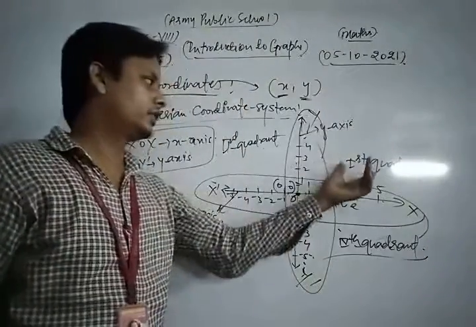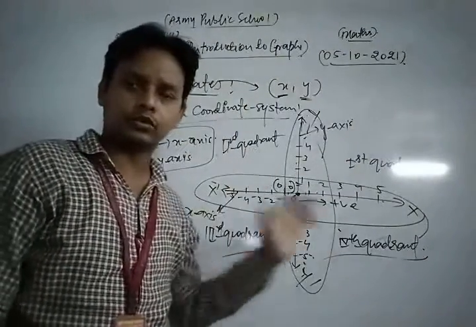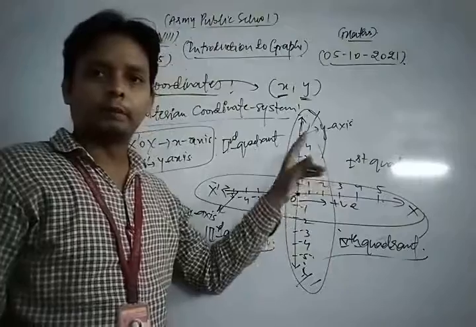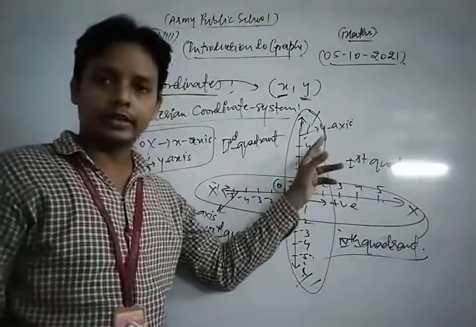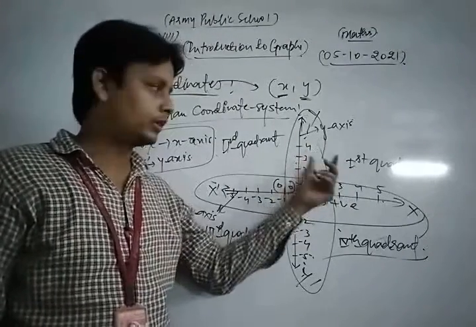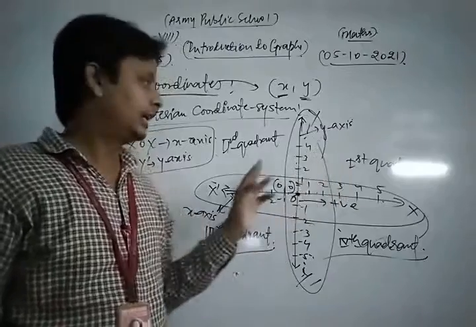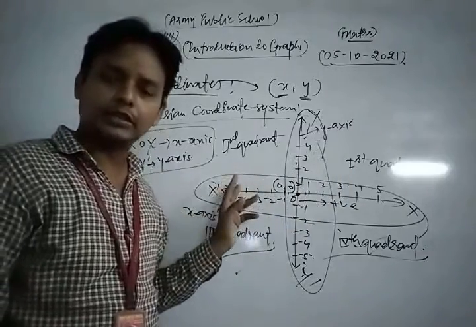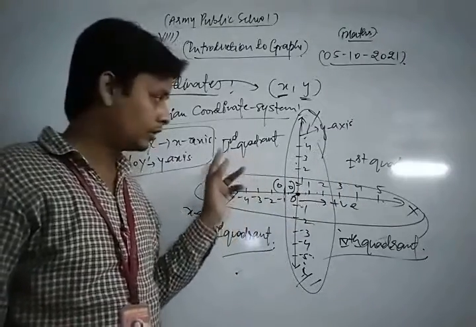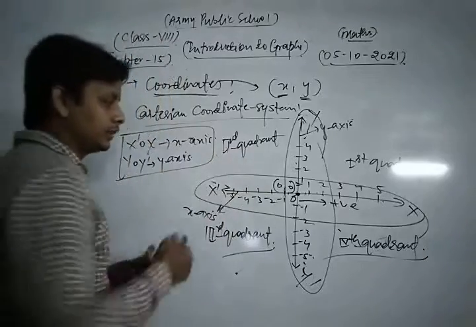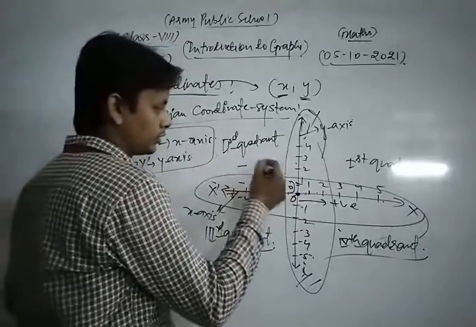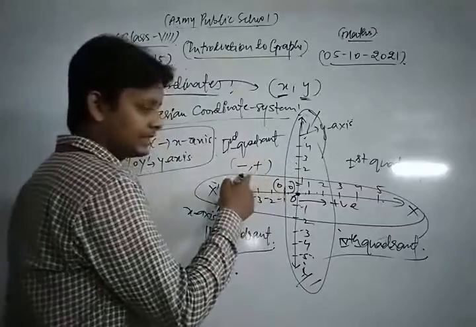Now look, this is the first, second, third, and fourth quadrant. In the first quadrant, both the abscissa and ordinate, meaning x coordinate and y coordinate, are positive. In the second quadrant, the abscissa is negative but the ordinate is positive. So the minus plus sign lies in that quadrant.